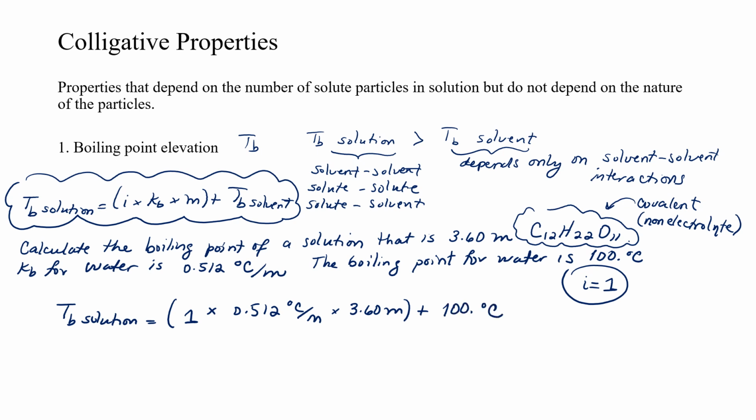So the molality is given. I'm just plugging in the numbers into the equation. So we are already expecting to get a number that is above 100. And you know you're going to get that because you have 0.512 times 3.60. Whatever number you're getting from that part is added to 100.